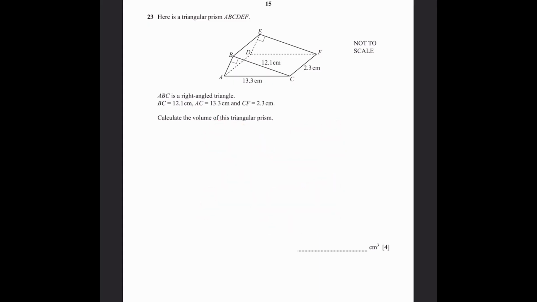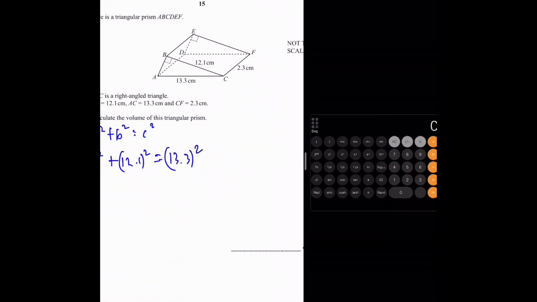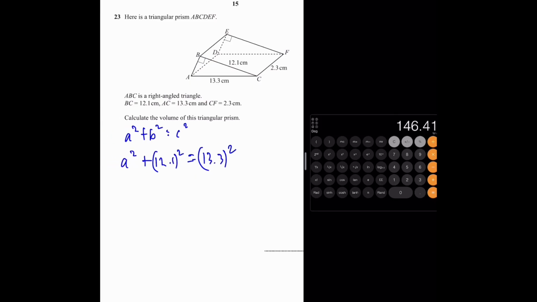So for this triangle, we need to find the height here. We found the base, which is 12.1, and we need the height. So we can use Pythagoras for this. A squared plus B squared equals C squared. So in this case, A is what we need to find. Let's take A squared as AB squared plus 12.1 squared is equal to 13.3 squared. And now we can use a calculator. 12.1 squared is 146.41.